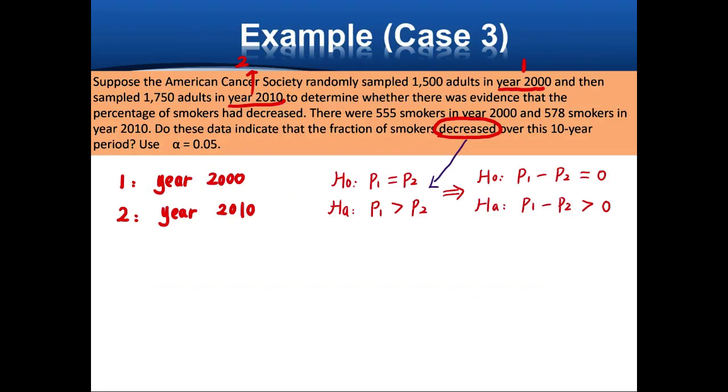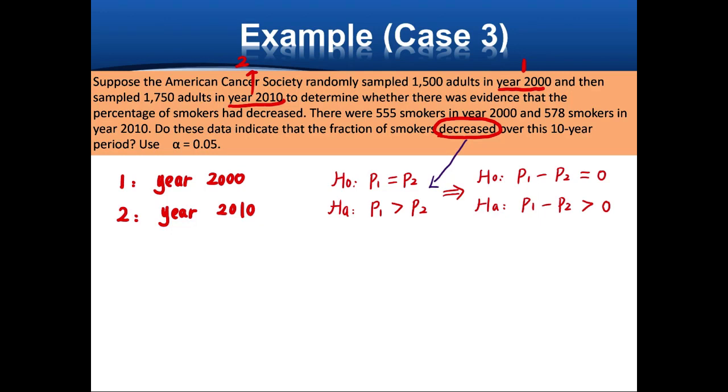Now here is another example of case 3, a large proportion problem. We compare the year 2000 and the year 2010 to see whether there's some difference in the people who smoke. So we have 1,500 adults sampled in year 2000 and 1,750 adults in year 2010.